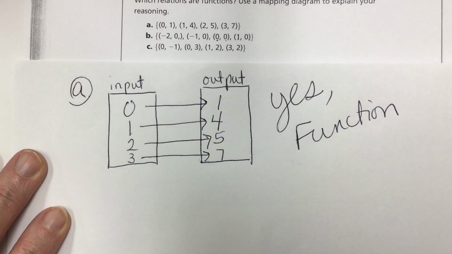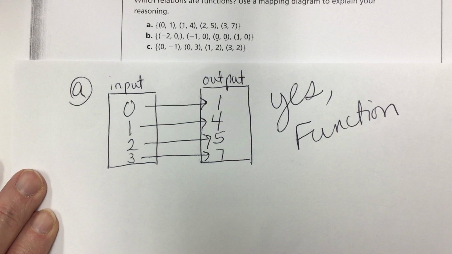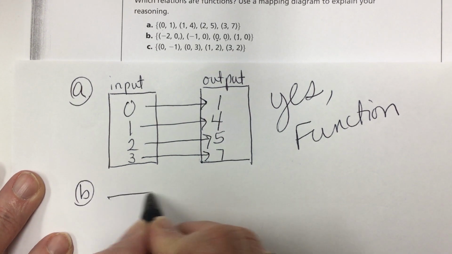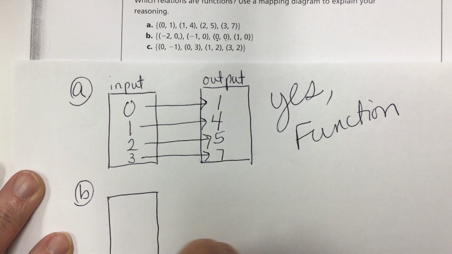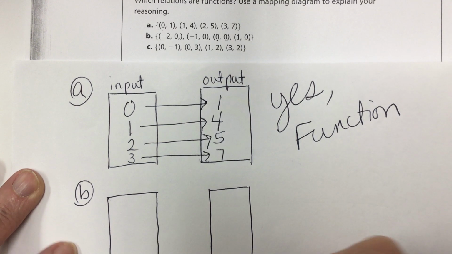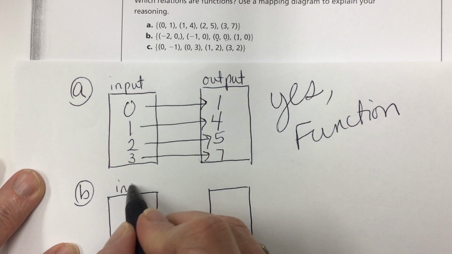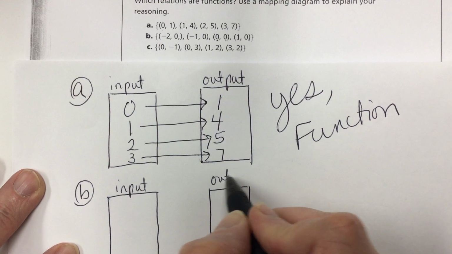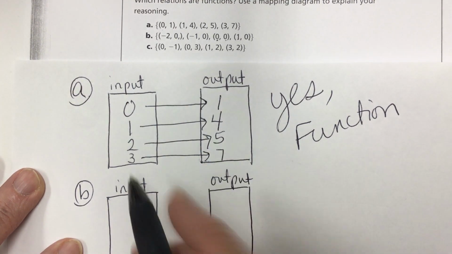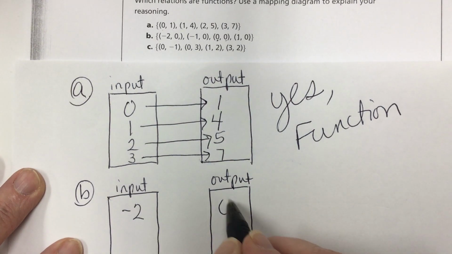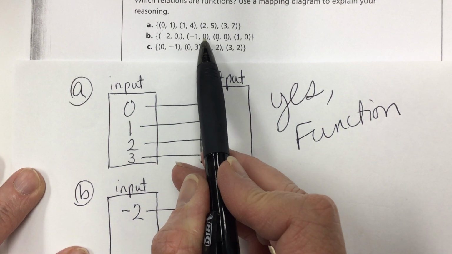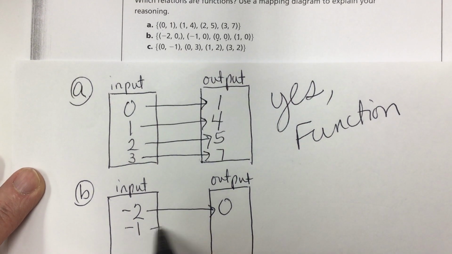Which relations are functions? Use a mapping diagram to explain your reasoning. Now let's look at B part. Let's look at the input and output for B part. All right, -2 corresponds to 0. Looking at the next ordered pair, -1 corresponds to 0.